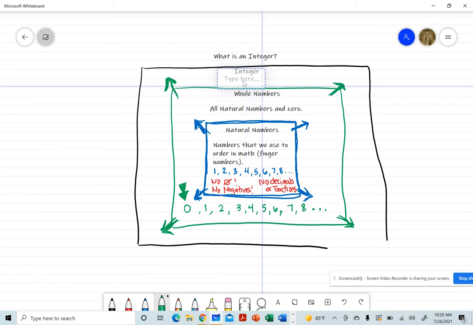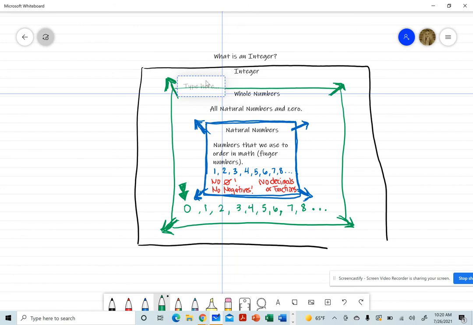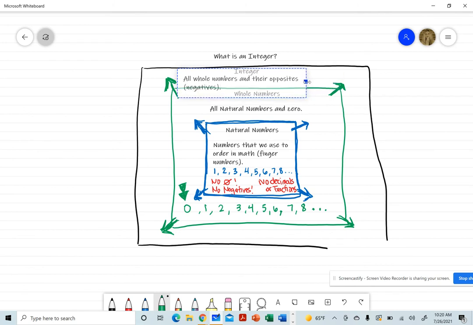An integer is all whole numbers and their opposites, aka negatives. So, again, just like below, whole numbers are integers. Whole numbers are integers. So any number that you see that is a whole number is also an integer.